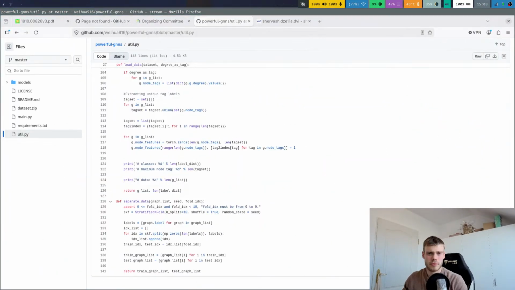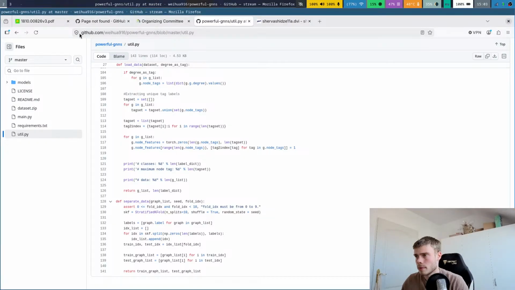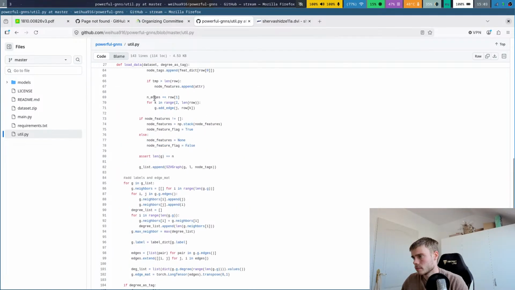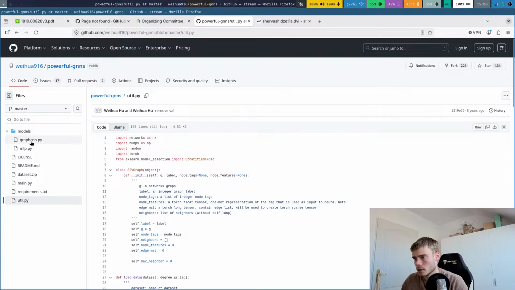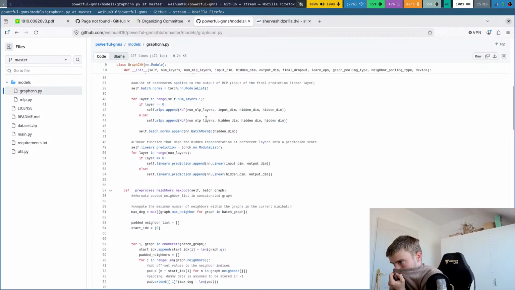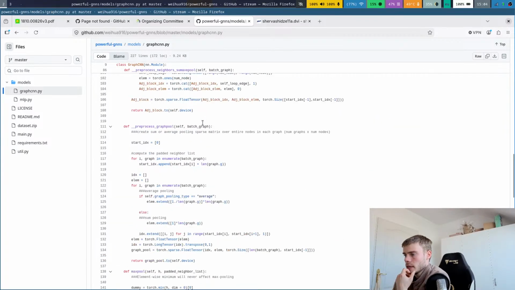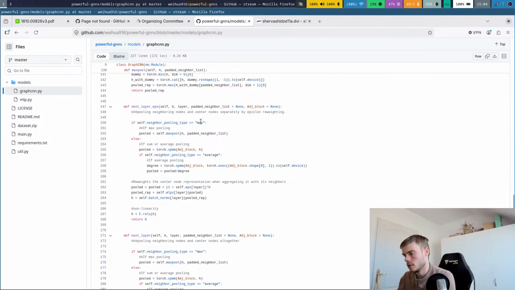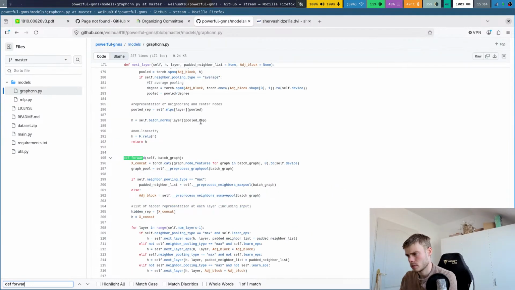Maybe let's, for the last few minutes, look at their code. At their model. Okay, let's look at the forward pass. Oh my goodness. Okay, batch graph.